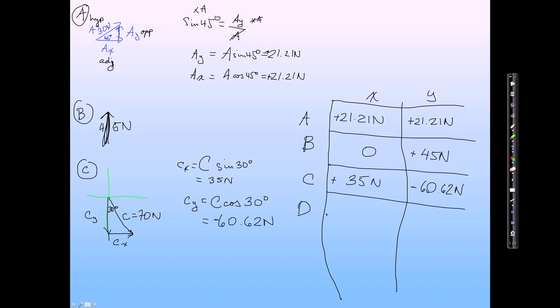Now, the resultant then, the x component of the resultant will just be the sum of all the x components, which will equal 56.21 newtons. The y component of the resultant will equal 21.21 plus 45 newtons minus 60.62 newtons, which will give us a value of 5.59 newtons.